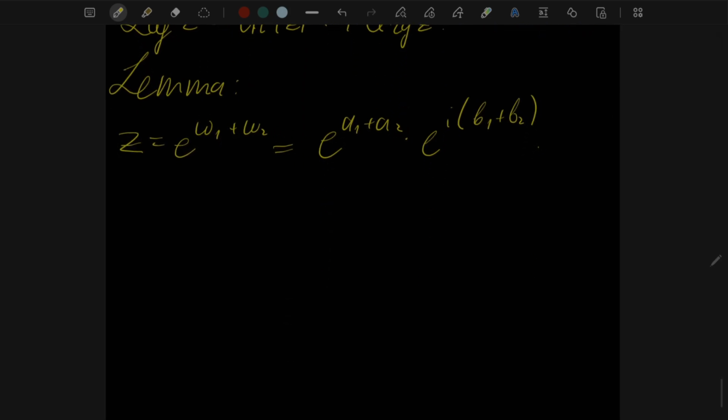How do we prove it? We basically take the value of logarithm of z. Okay, this is a proof, and for all omega j, say that is equal to aj plus bj i, that are from complex numbers.